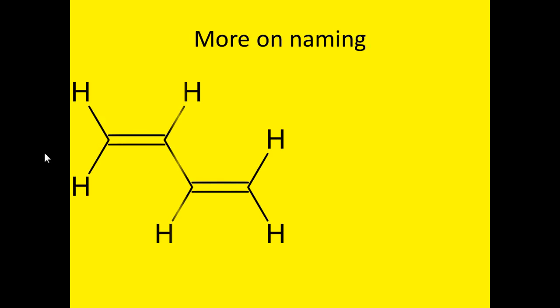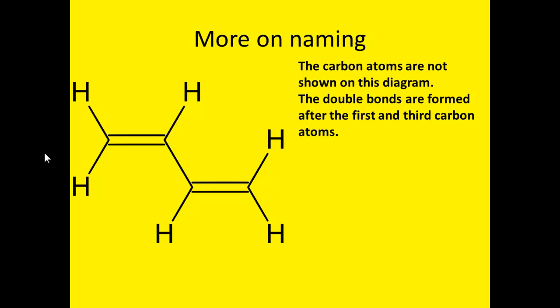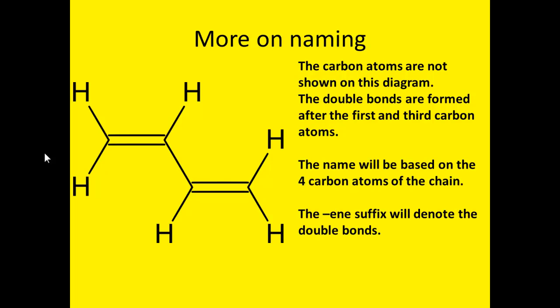Let's continue this idea of naming. Here we've chopped out the carbons and just put in the bonds, but I think you can see what we're getting at. The double bonds are after the first carbon atom and the third carbon atom, and because they are double bonds, it's going to be an ene compound.